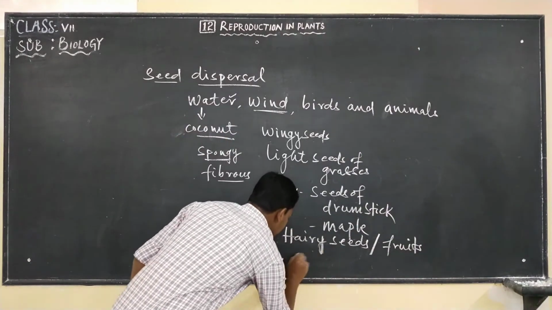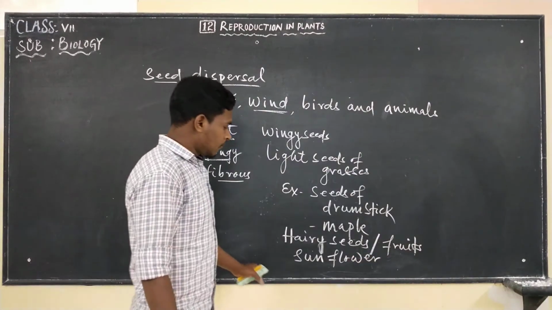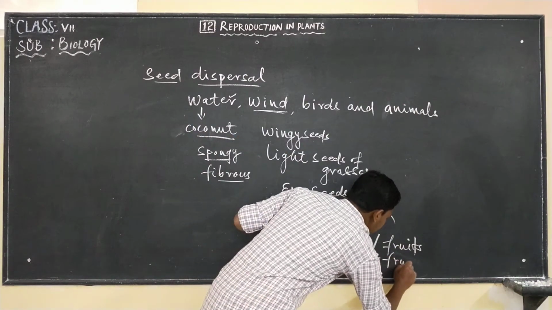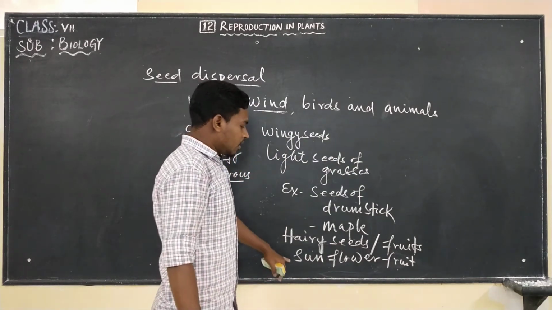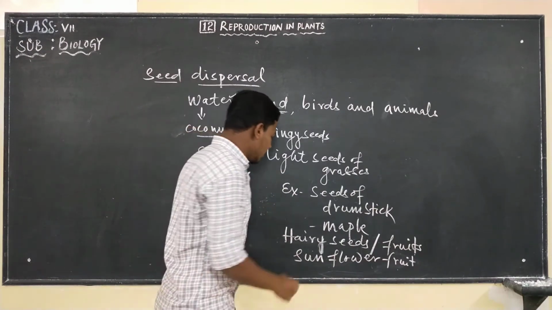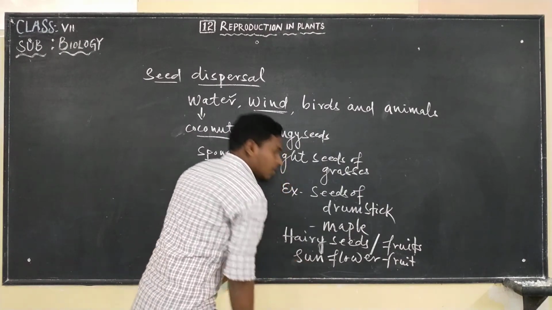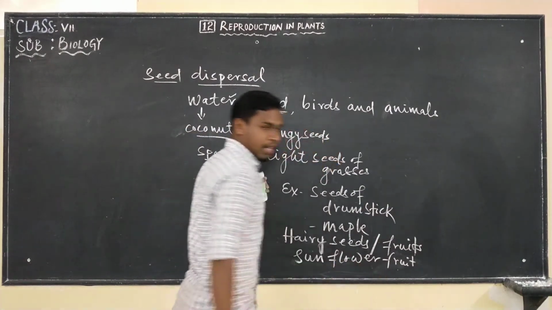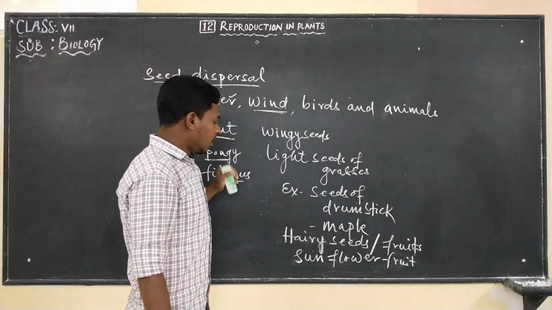Example, fruits of sunflower. Sunflower fruit is carried by wind because these fruits are having hairy structure. Since they have hair-like structures, they are carried by wind from one place to another place.